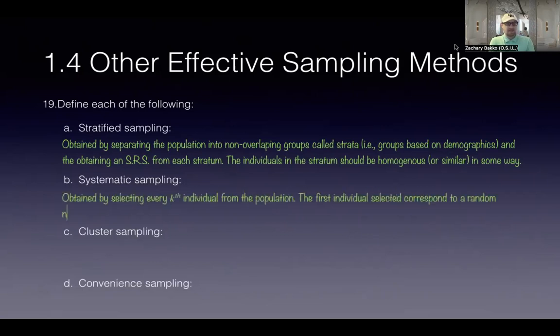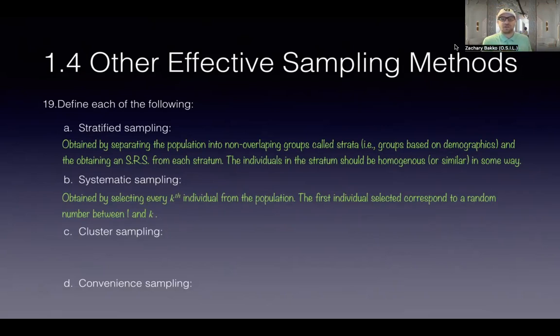All right, systematic sampling is obtained by selecting every kth case. Oh, when I was a student, I'd be like, what does case mean? Another way you can think about that is by selecting every blank-th individual. It's basically insert a number here, obtained by selecting every third, every fourth, every seventh person from the population.